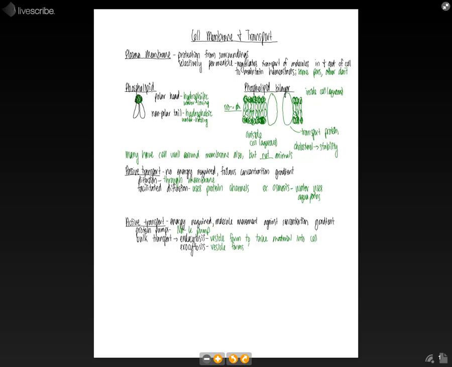A vesicle forms to release material from the cell. And so these are just the different ways that the cell membrane is able to control homeostasis within the cell.